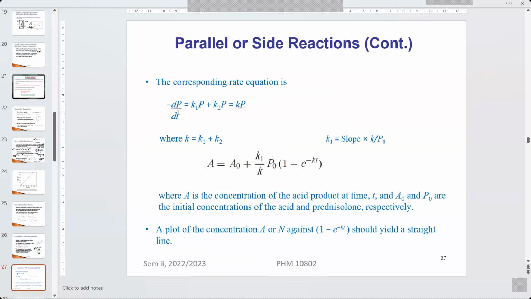So here the rate of reaction, the decrease, we make it negative. D is fraction or small part, delta P divided by the delta time, means at certain time interval.